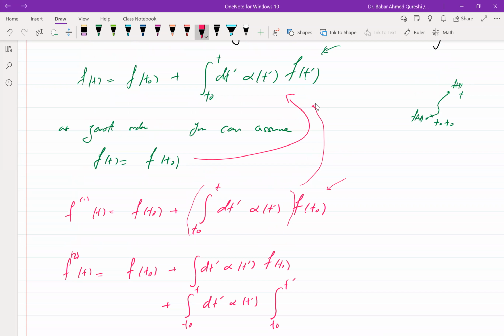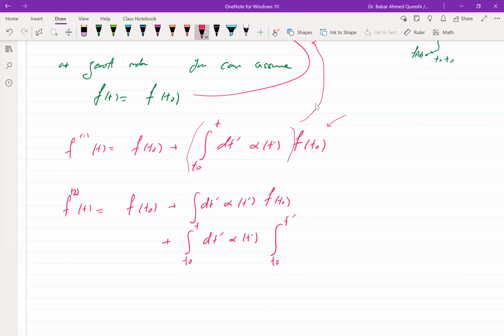Since I have to plug in the value of the function at t dash, I'm not evaluating the limit of the integral at t, I'm evaluating it at t dash, because I have to plug in an f of t dash on the right hand side. The internal variables are just dummy variables, so I just rename them. But this still remains f of t naught.